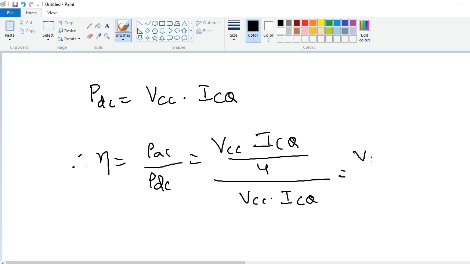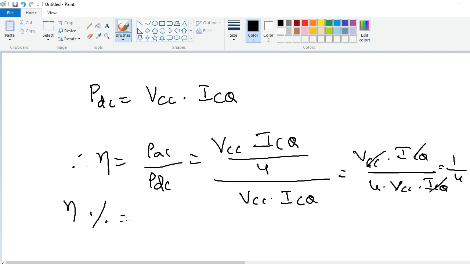So that is equal to VCC into ICQ divided by 4 into VCC into ICQ. So ICQ cancels, VCC cancels, we get 1 by 4. Efficiency in percentage is 1 by 4 into 100, that is equal to 25% efficiency.